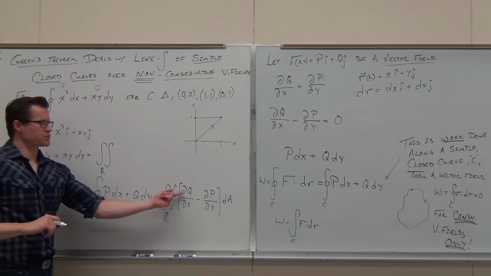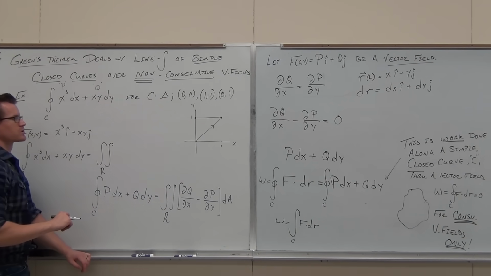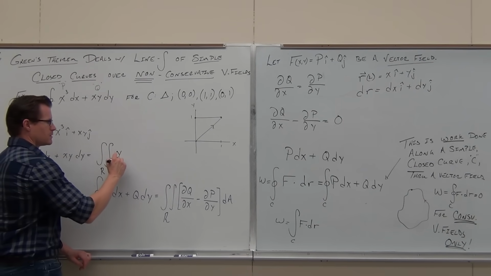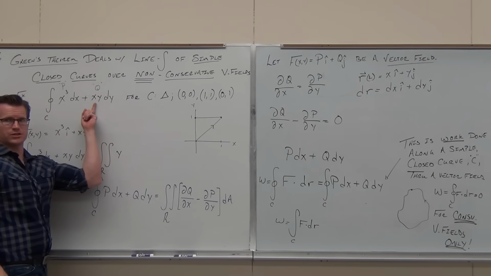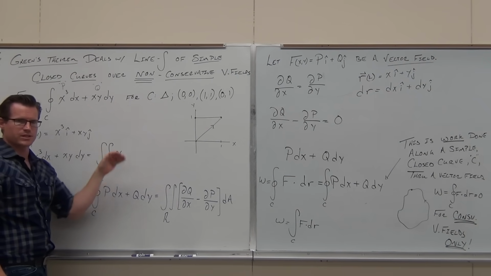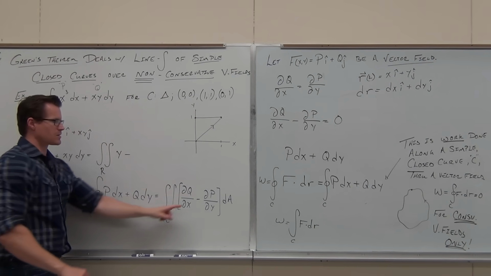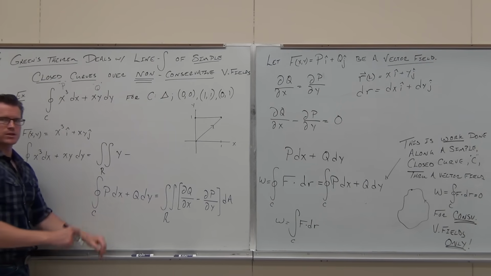I'm going to take the partial derivative of the Q component with respect to x. Can you tell me what that is, please? Partial derivative of Q with respect to x. This is why we write it. This with respect to x, remember that? It's kind of like the backwards thing that we did for checking conservative. This with respect to x minus this with respect to y. What's that one? 0.